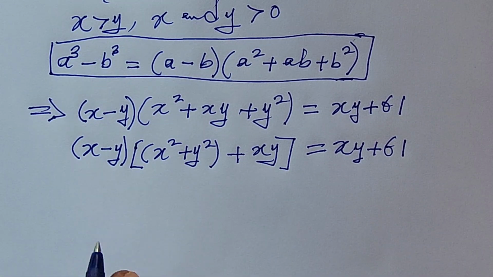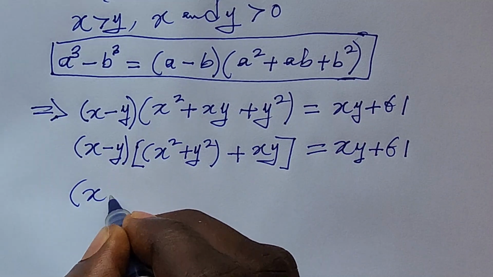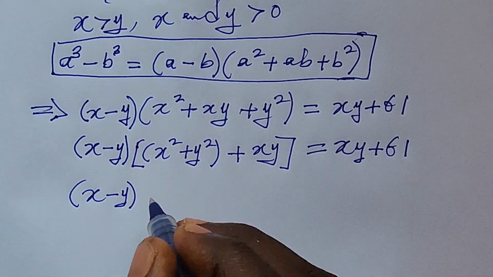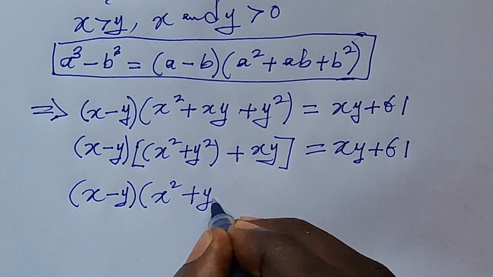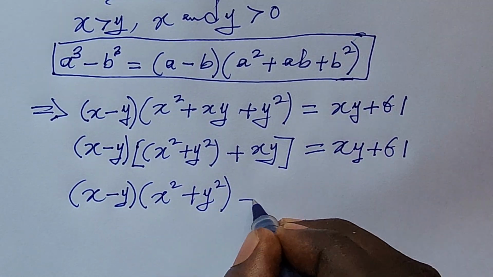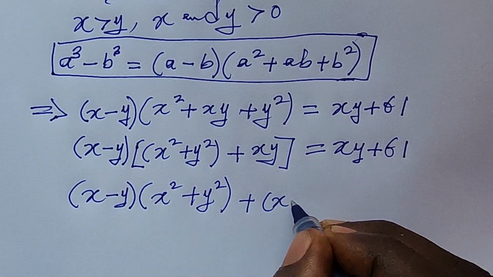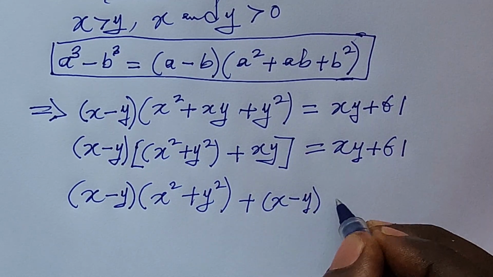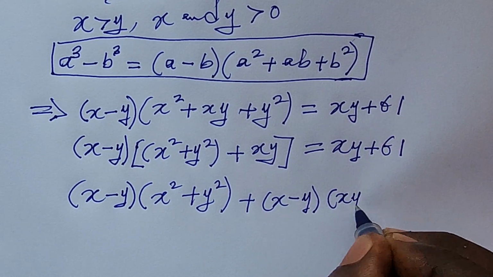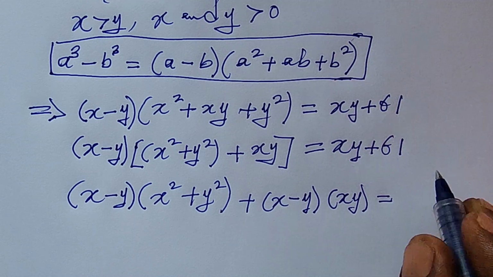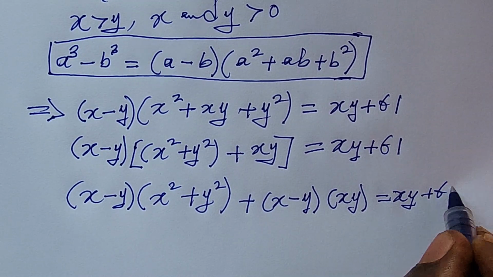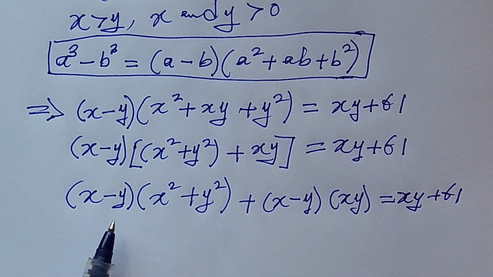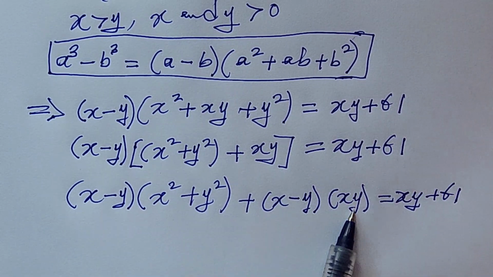If I do that, this will give us (x minus y)(x squared plus y squared) plus (x minus y)(xy), everything equal to xy plus 61.